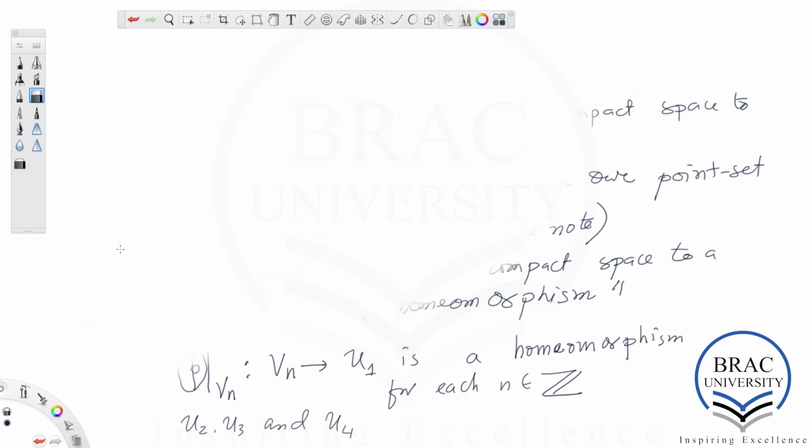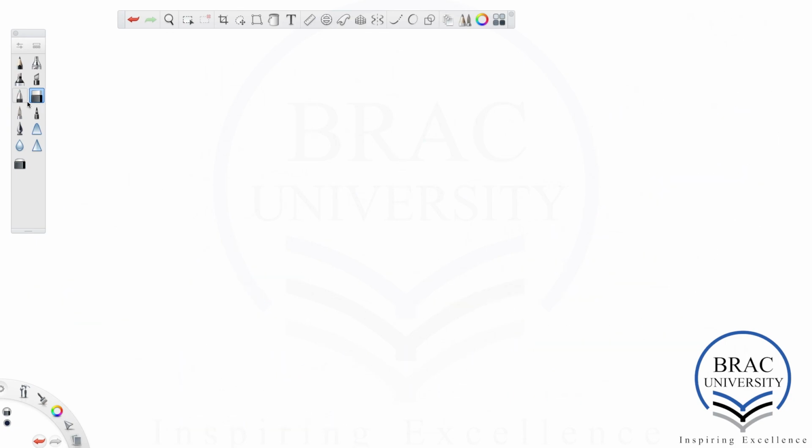Therefore p from R to S1, given by this formula p(x) equals (cosine 2 pi x, sine 2 pi x), is a covering map, and R is a covering space of this unit circle. QED.